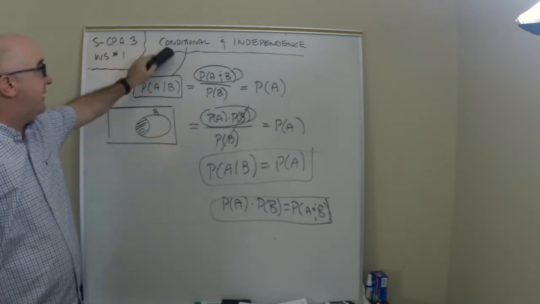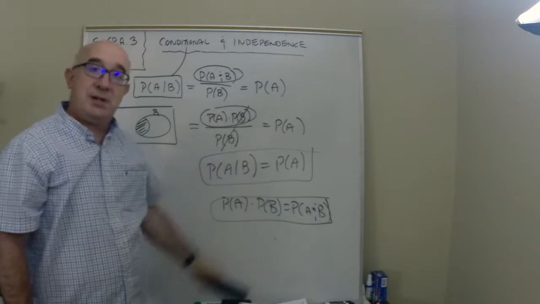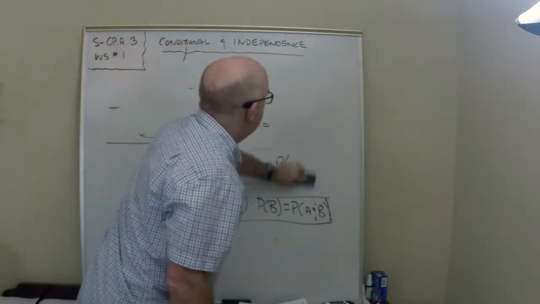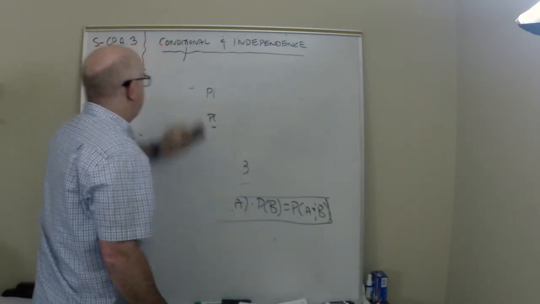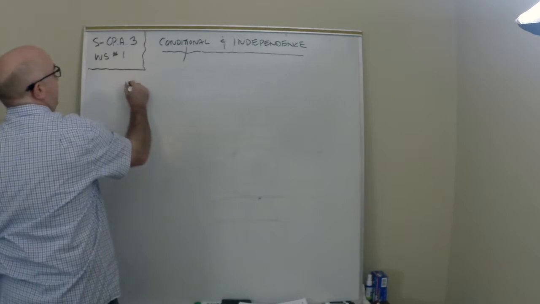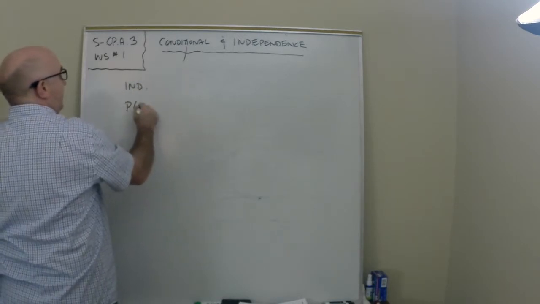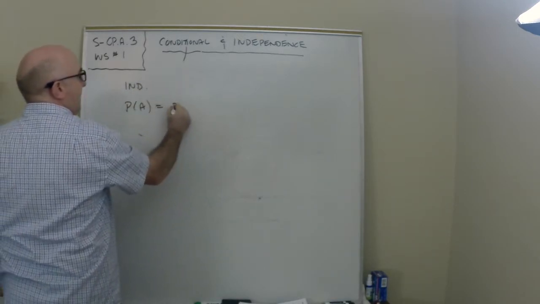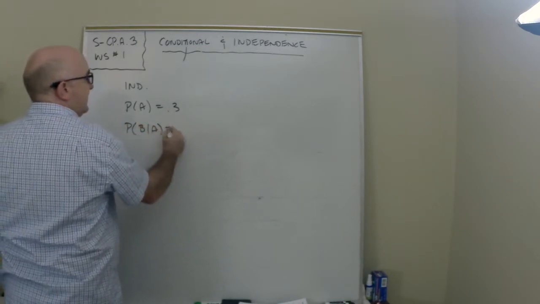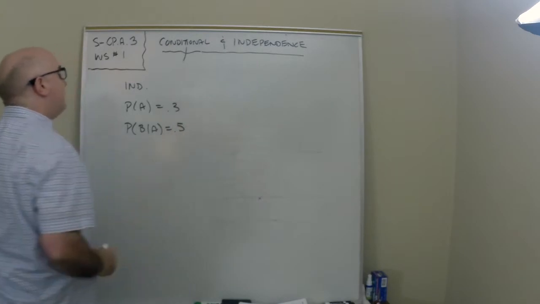If you're told that they are independent, these two rules can be put into play. And what it allows you to do is to make some decisions about that. So if I said, okay, the two items are independent, the probability of A is 0.3 and the probability of B given A is 0.5.